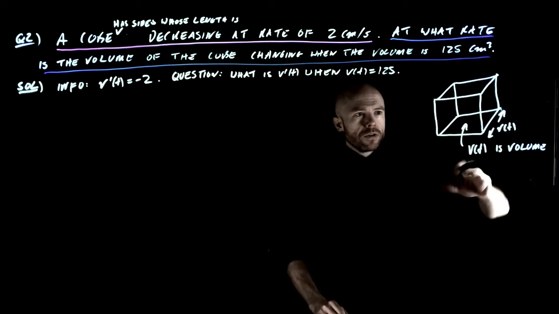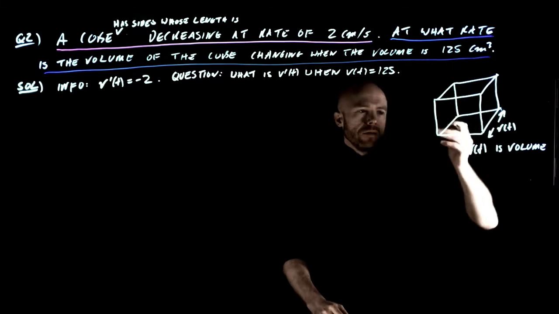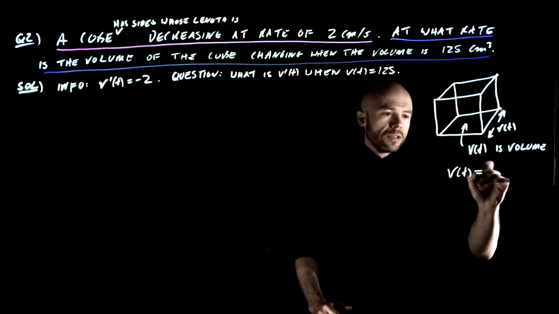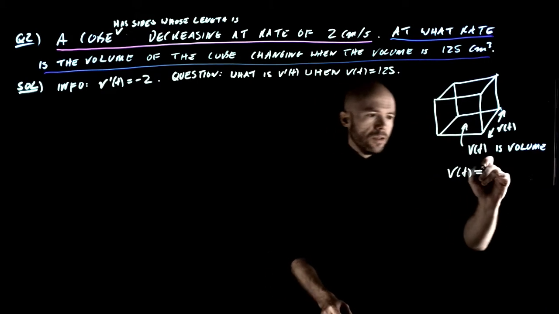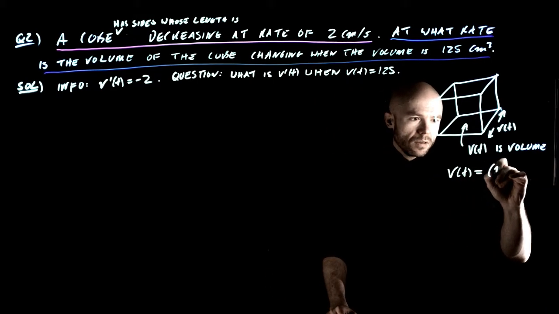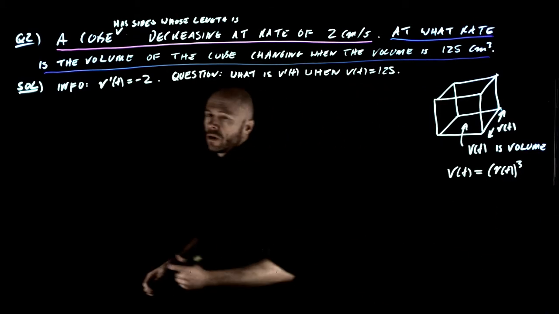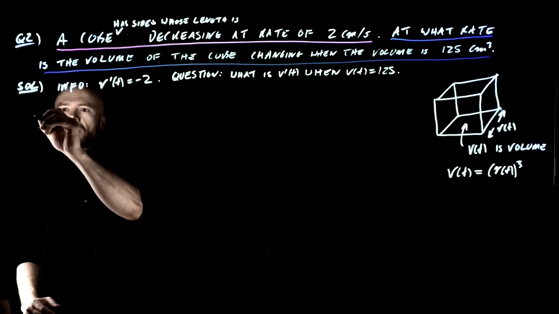Because what is the volume of the cube? It's going to be the base times the height, right? So V of t, the base of the cube, is just going to be r squared. The height is r, so V of t is going to be r of t to the power 3. So, relationship.